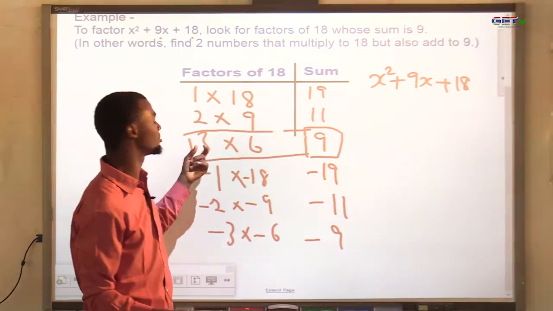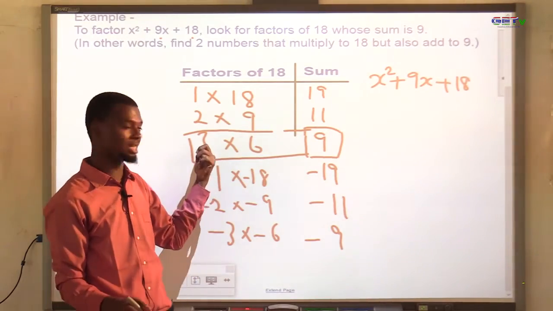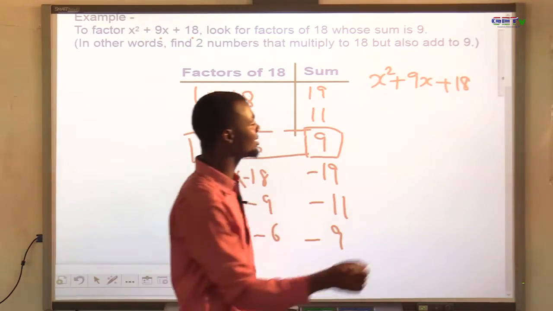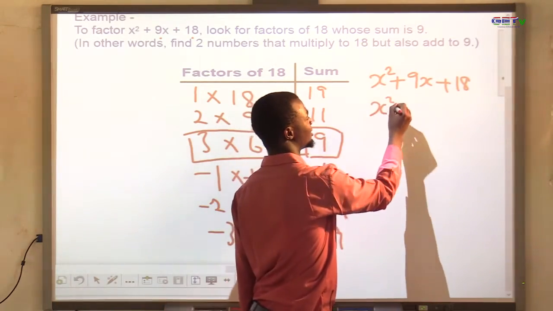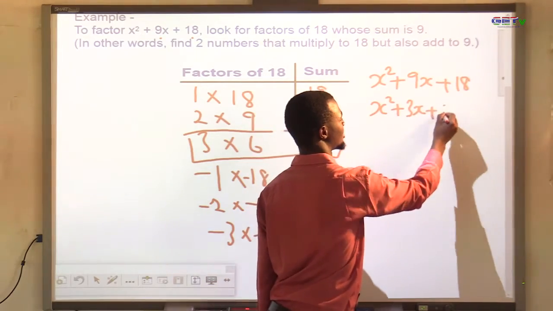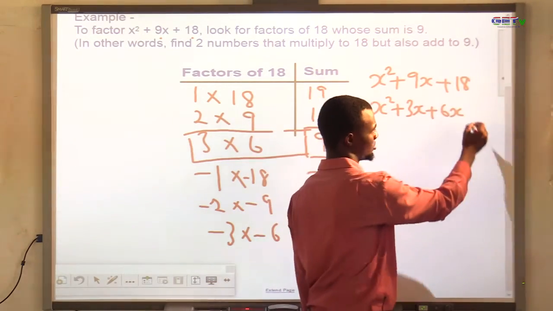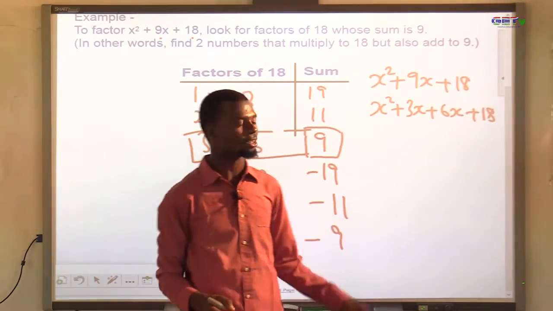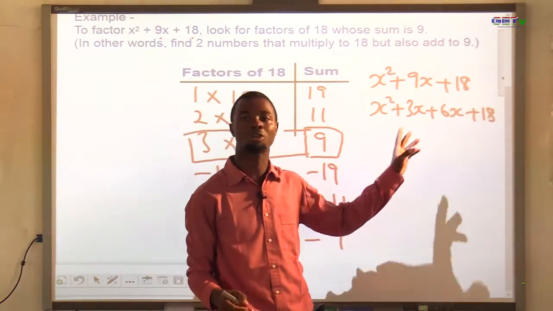What is the sign of 3? It is positive, and the sign of 6 is also positive. So we will have x squared plus 3x plus 6x, then plus 18. Now we have a 4-term expression.